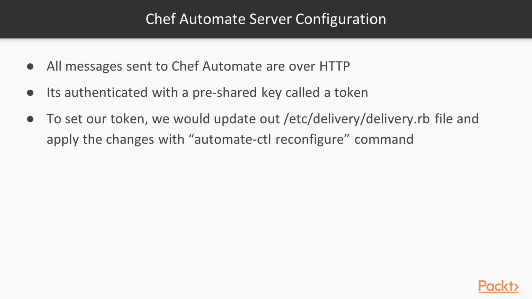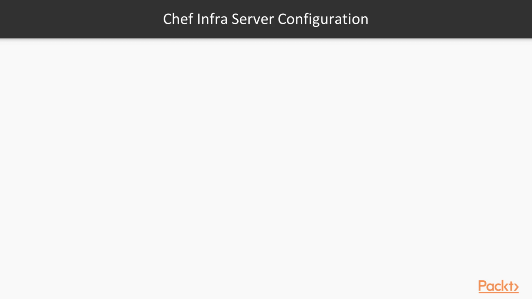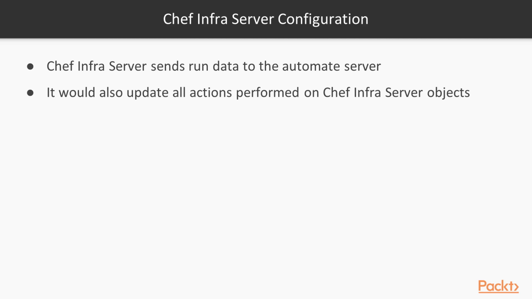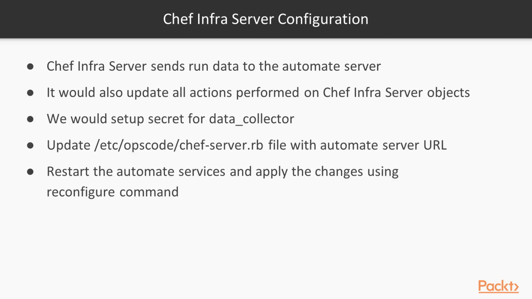Once we have done this setting on the Automate server, we'll move to the Infra server, where we would set up the secret for the data collector, and update the chef-server.rb file with Automate server's URL. We would apply these two changes on the Infra server by restarting a few of the services and running the reconfigure command. So now let's go to our console and see how exactly we do this.